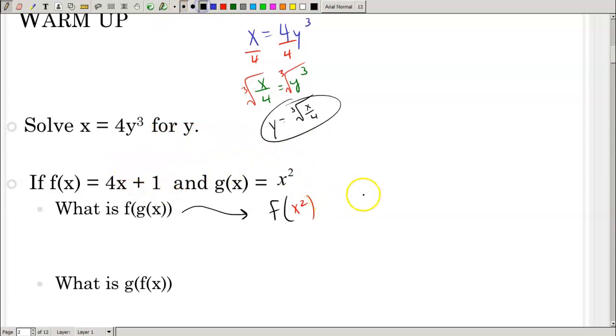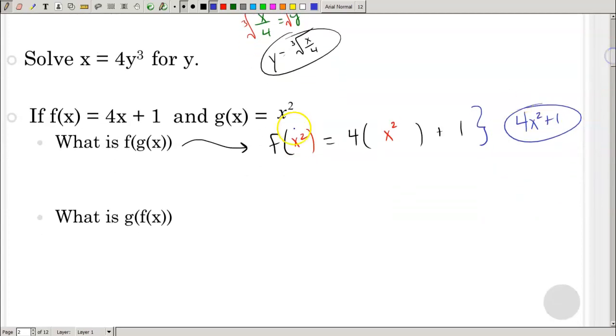Well, f of x is 4x plus 1, so 4x plus 1, but instead of that x, we're now just substituting in an x squared in there. So reducing this is not going to be too hard. We're going to get 4x squared plus 1, and that's it.